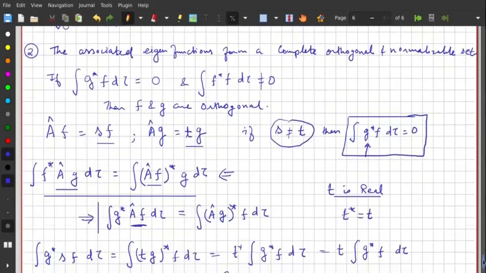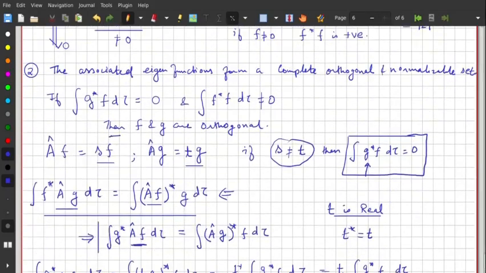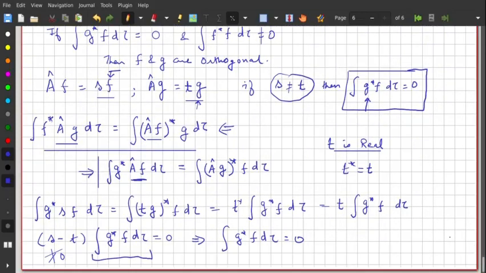So f and g were the two eigenfunctions of the Hermitian operator, and we showed using just the definition of Hermitian operators that f and g have to be orthogonal.